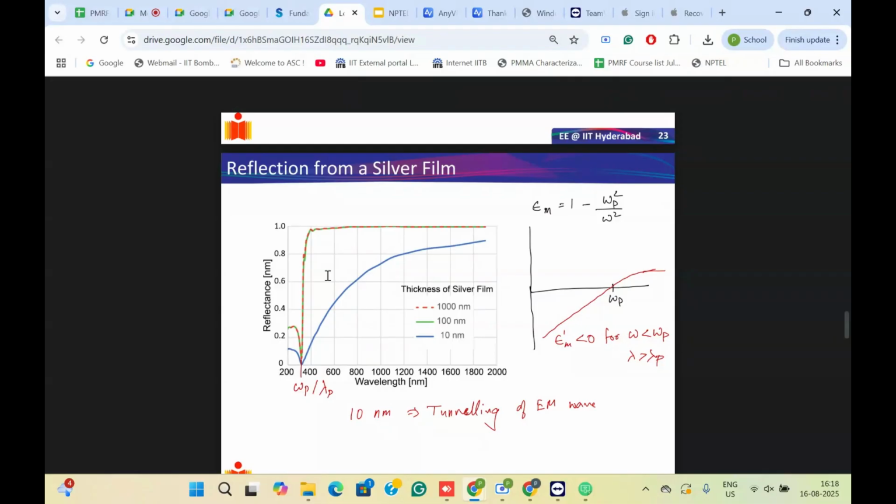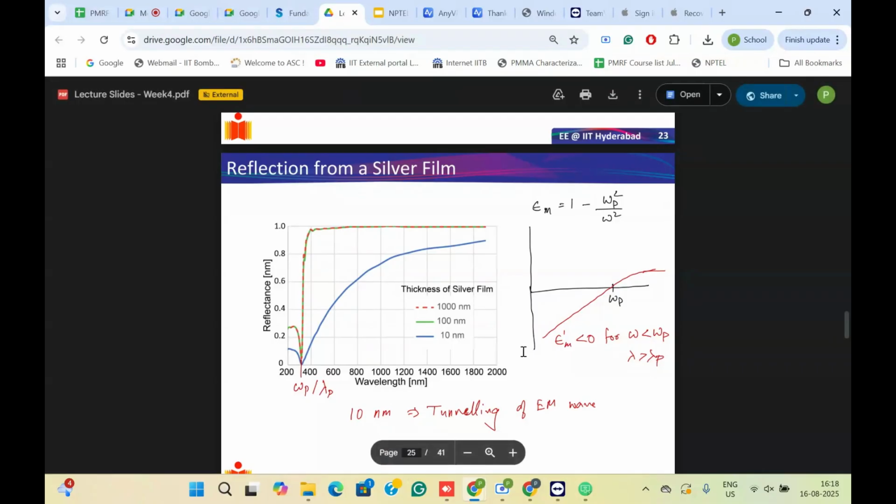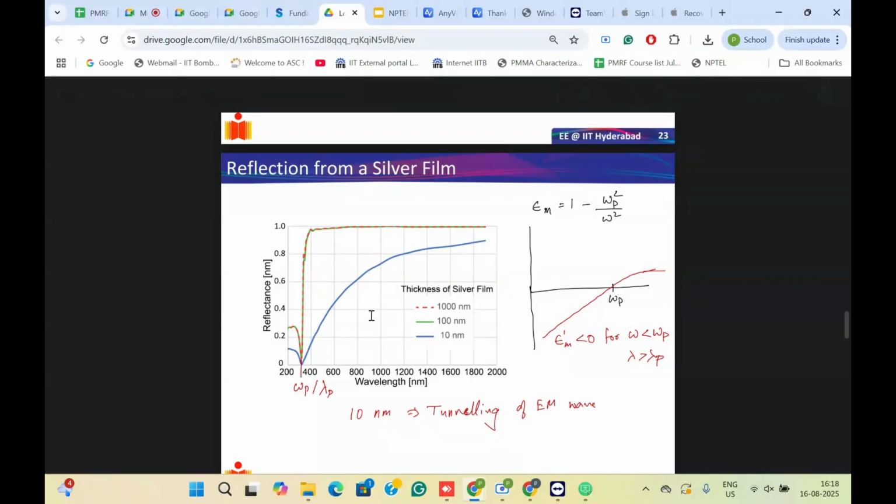So we can say from this graph that reflectance will be higher as the film thickness increases. For the thin film, reflectance is less than 1, so some of the light is getting transmitted.